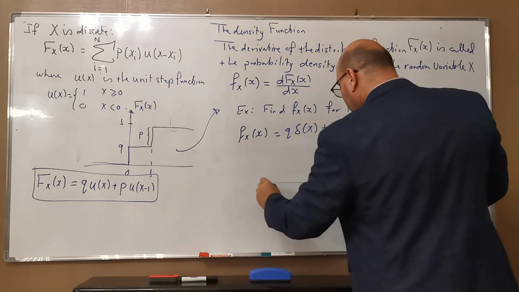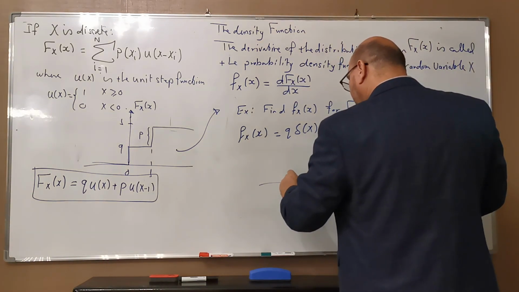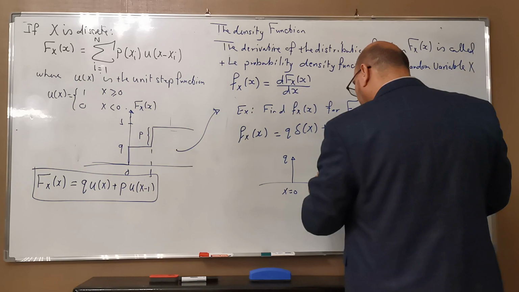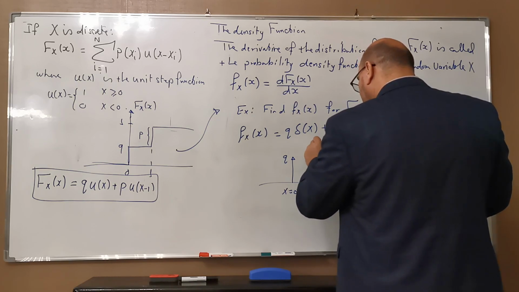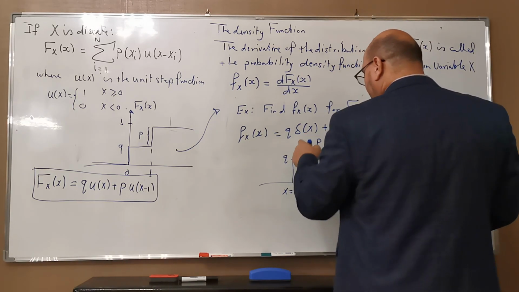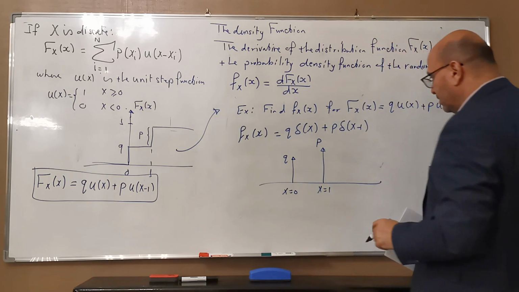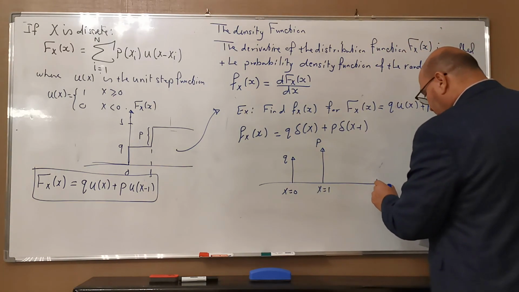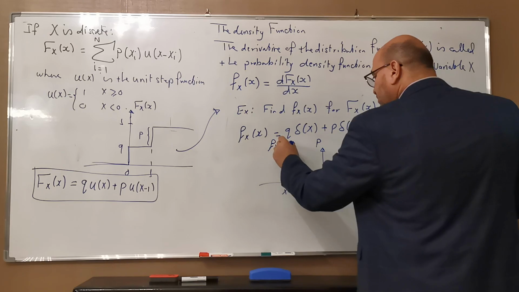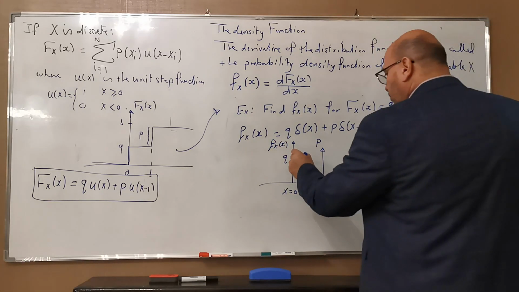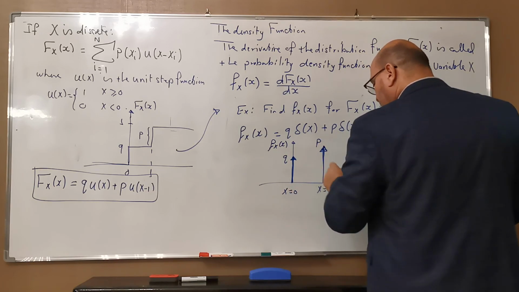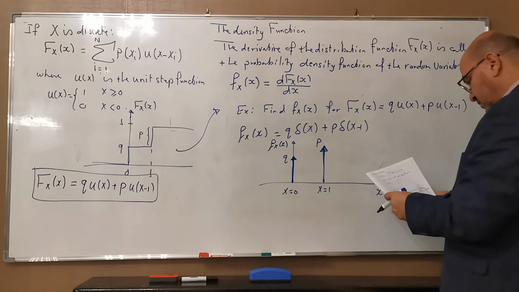And graphically, this is two impulses, one at 0 with an amplitude of q, and the other one is p at x equals 1. So this is x, and this one here is fx of x. One impulse at 0 and one impulse at 1. Okay, so this is fx of x.